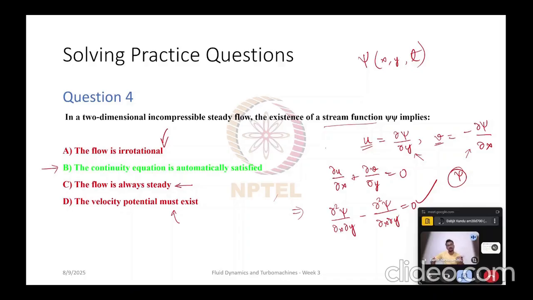So the number of equations also comes down. So it simplifies problems in many contexts. Anyway, so that was question number 4.